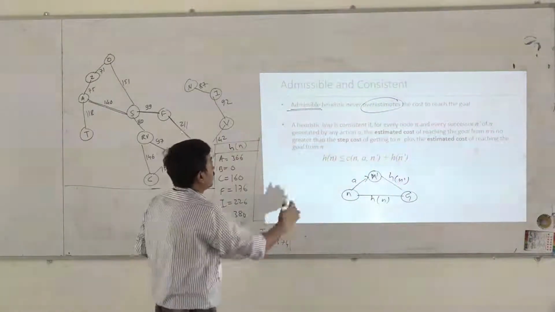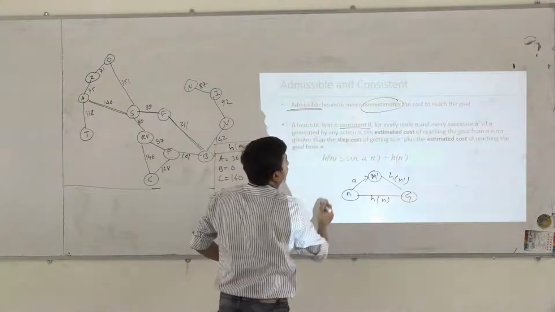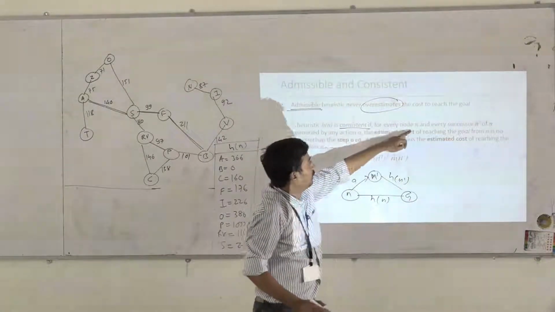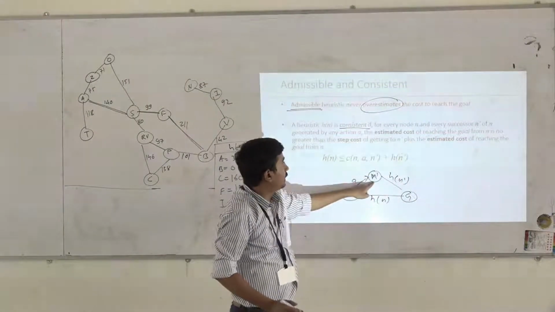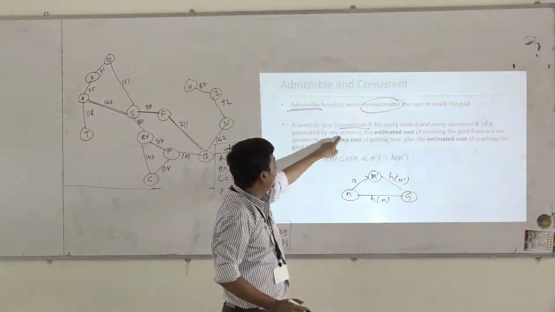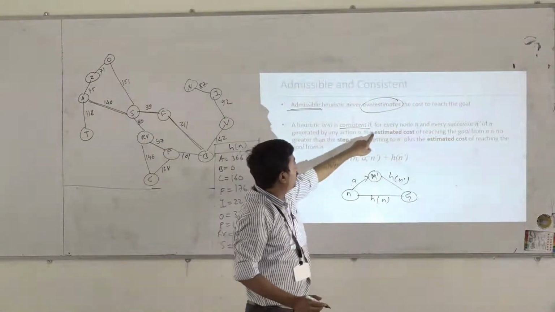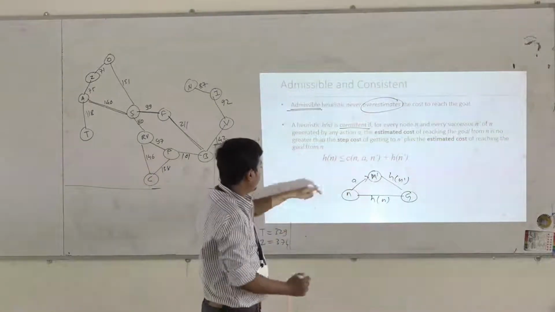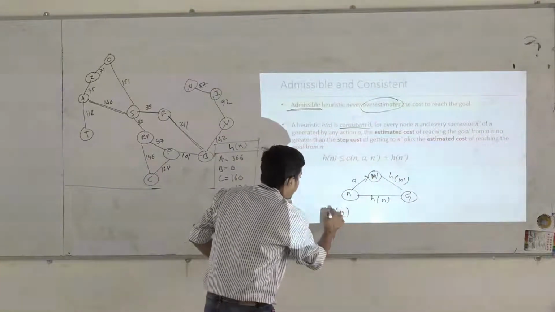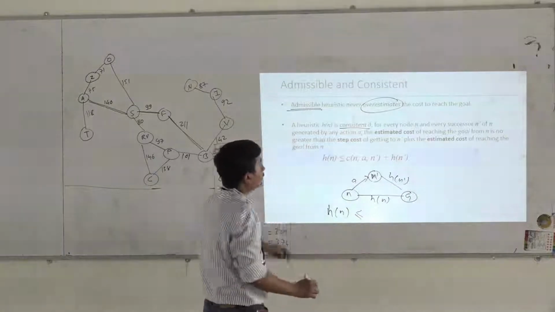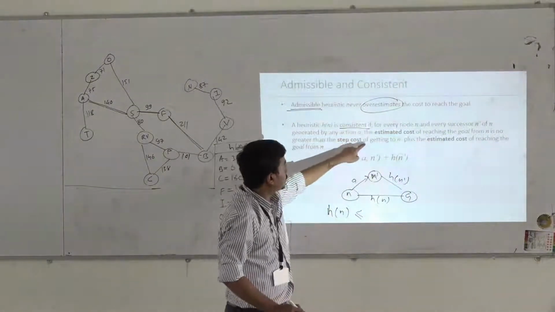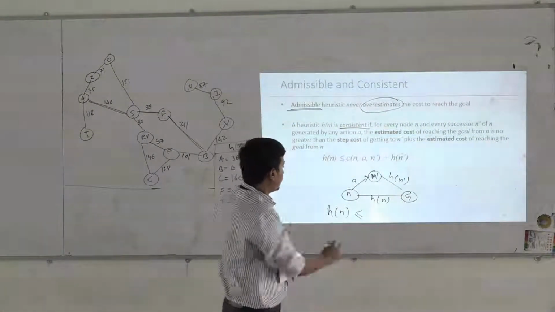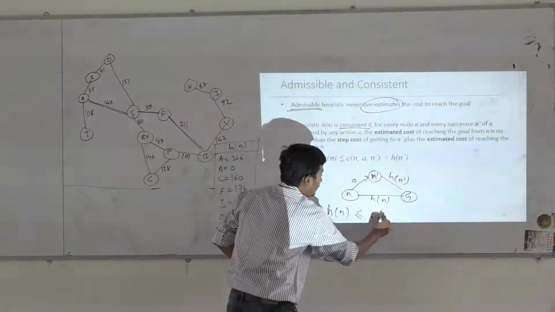Now h of n is consistent if for every node n, every successor n dash of n generated by any action A, the estimated cost of reaching the goal from n, that is h of n, should be no greater than the step cost of getting to n dash. This is represented by the c function.